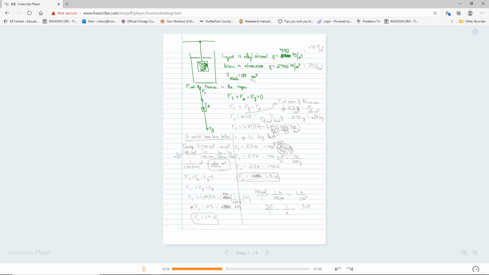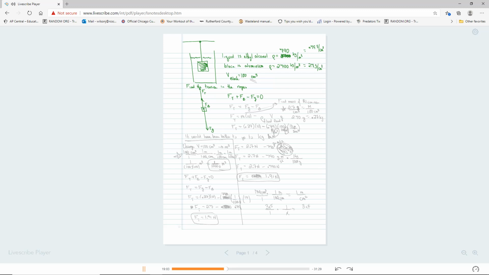And then I'm going to change my units to centimeters cubed because that's what I've got for my block. So what did I say the shortcut for that was? Divide all those numbers by 1,000. So this is now 0.79 grams per centimeter cubed, and this is now 2.7 grams per centimeter cubed.